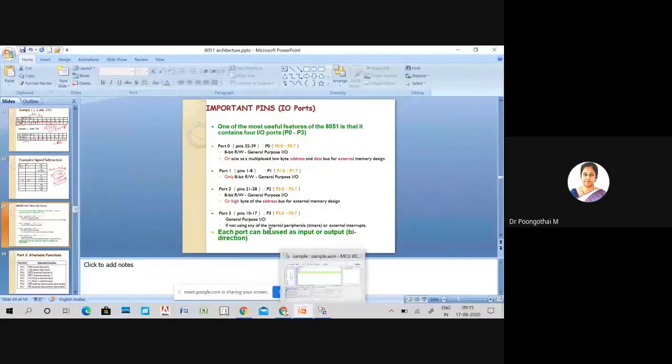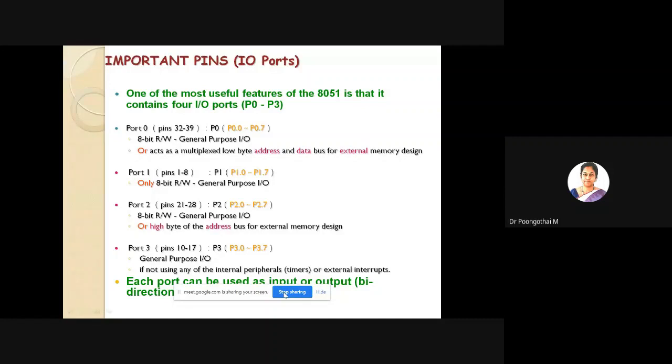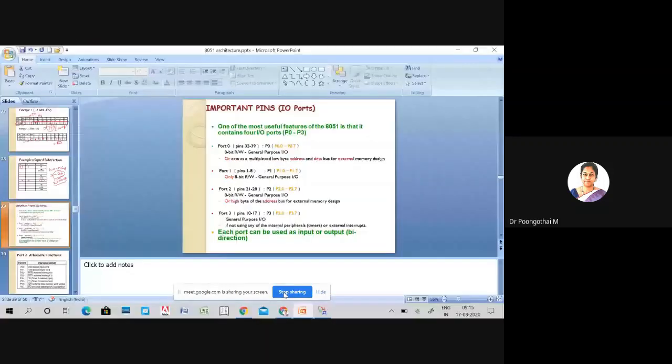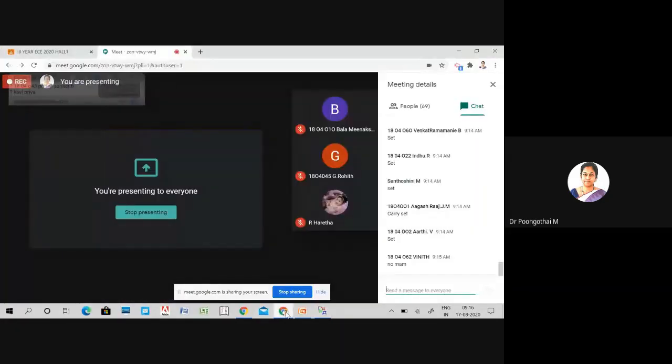So next we move on to IO ports. Any difficulty you have faced during your installation or programming in MCU 8051 IDE? Any difficulties?